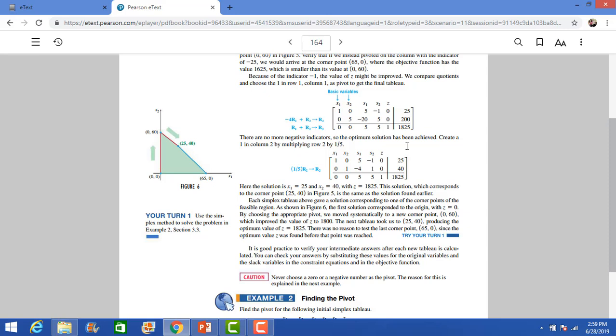Okay, so basically that's what we're doing. There's no more negative numbers, so the optimum solution has been achieved. Now it says create a 1 in column 2 by multiplying row 2 by 1/5. Okay, why are we doing that?